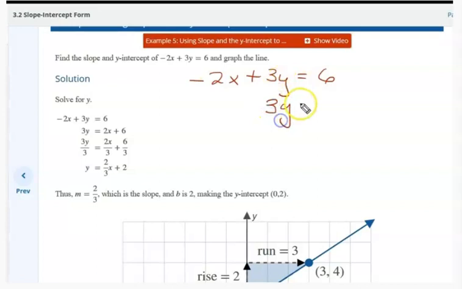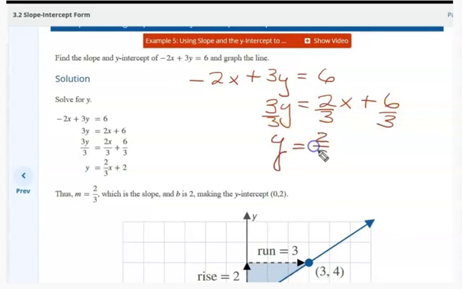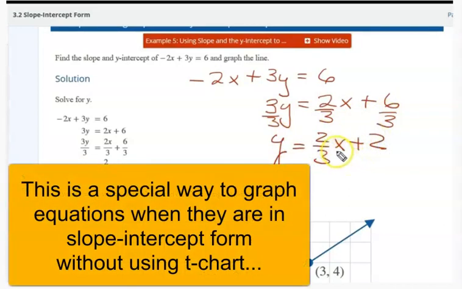So 3y, I'm going to transpose this to this side, becomes positive, and then divide everything by 3. And I now get y equals 2/3 x plus 2. Well, they're asking us find the slope. Well, our slope here is going to be 2/3.